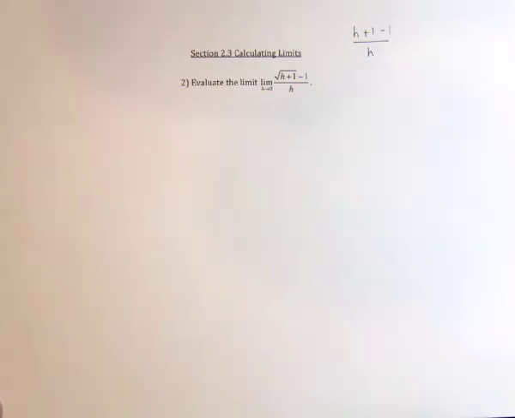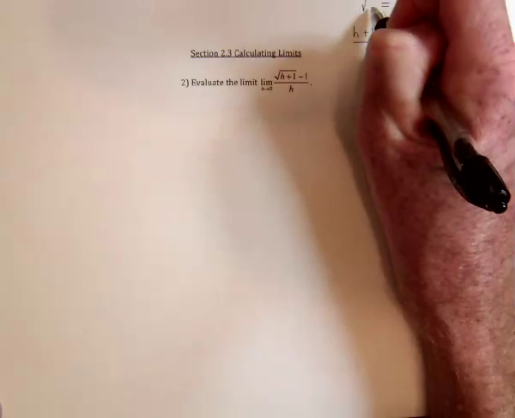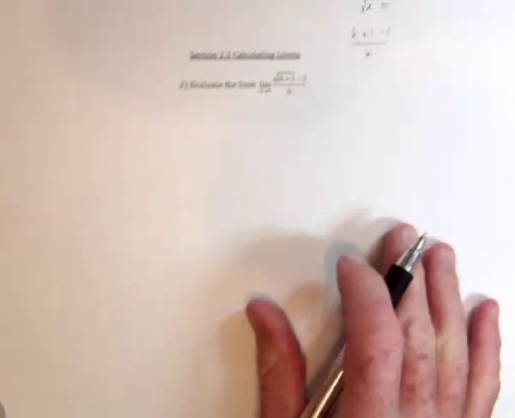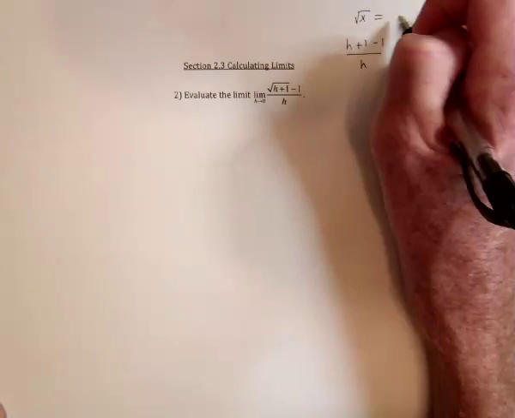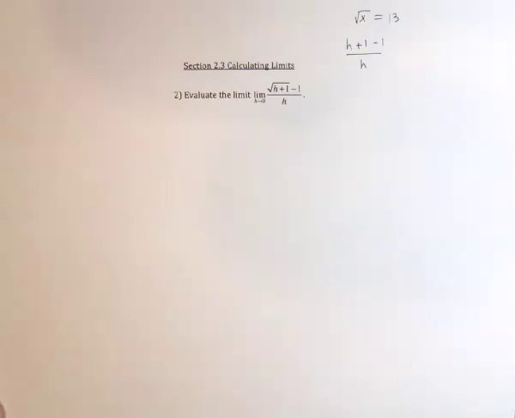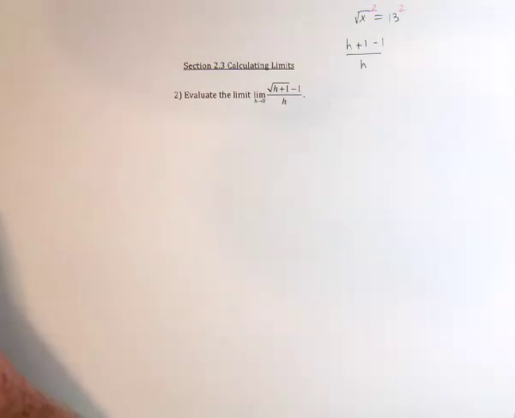Well, one idea is squaring, which is not a good idea in this case. It's a good idea to square in algebra to get rid of a radical when you've got an equation like this, and you're able to square both sides of the equation. That's legal algebra.